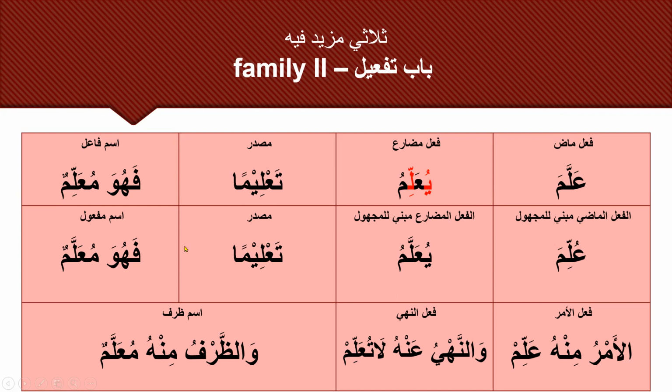But remember this, you have to memorize all these charts. Ism maf'ul is fahuwa Mu'allamun. Look here is the kasra, and in ism maf'ul here is the fatha. Allama, yu'allimu, ta'liman, fahuwa mu'allimun. Fi'l amr minhu, 'allim. Fi'l nahy, wan-nahyu 'anhu, la tu'allim. Ism zarf, waz-zarfu minhu mu'allam.